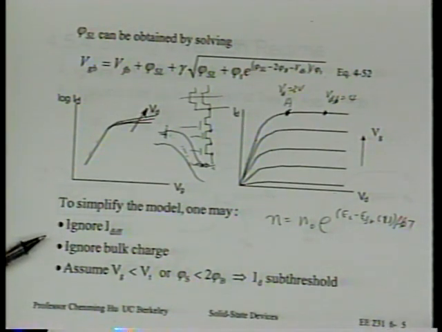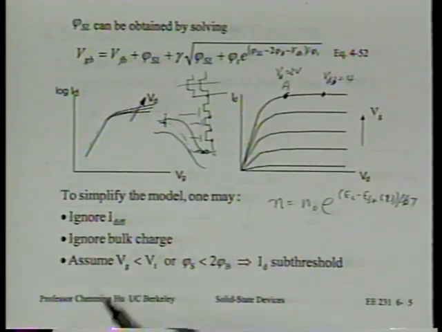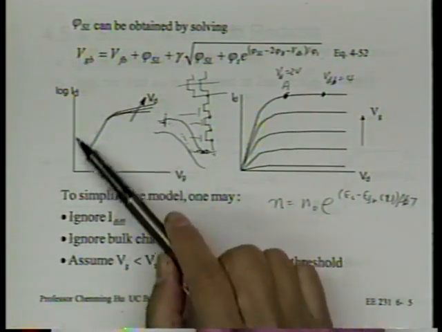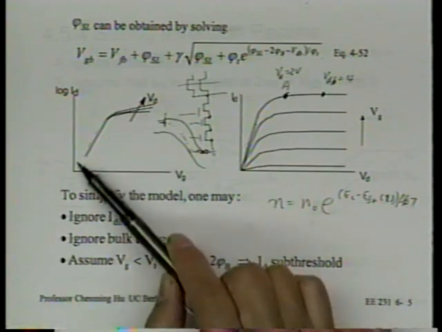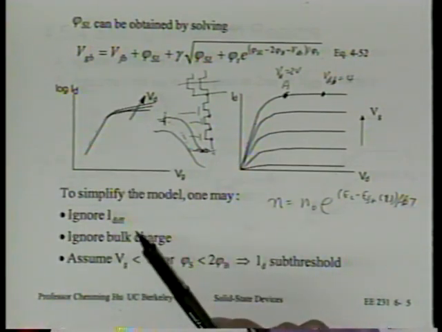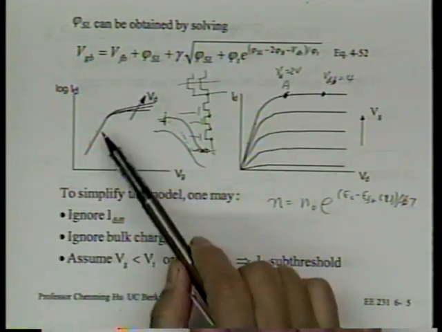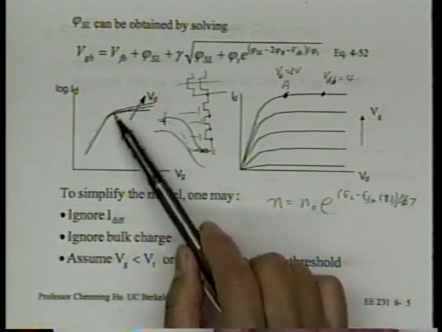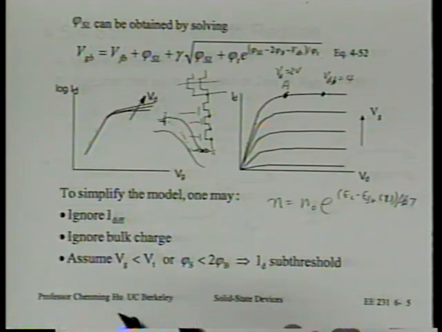One thing, you can ignore diffusion. And by the way, since this equation does tell us which terms have to do with diffusion and which terms have to do with drift, one can quickly identify them. The subthreshold current comes from the diffusion component, and the diffusion component is negligible in the strong inversion region, so that is all due to the drift component.